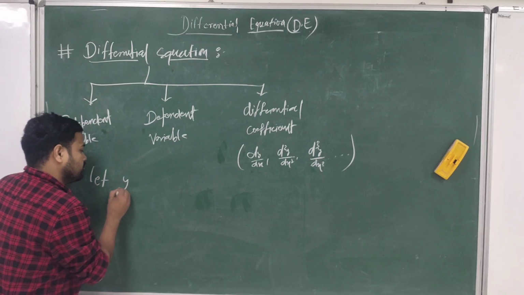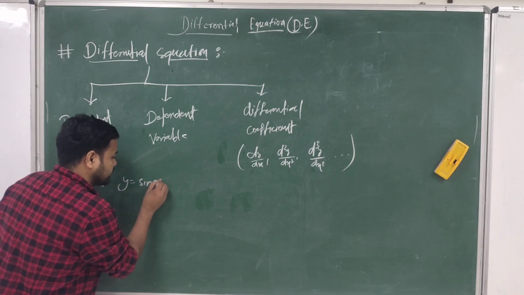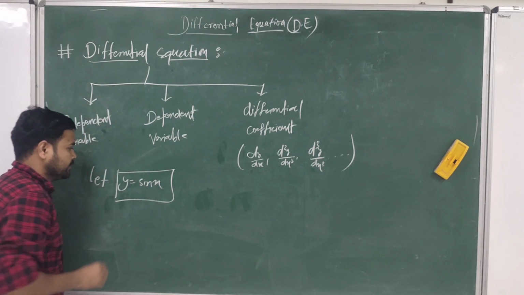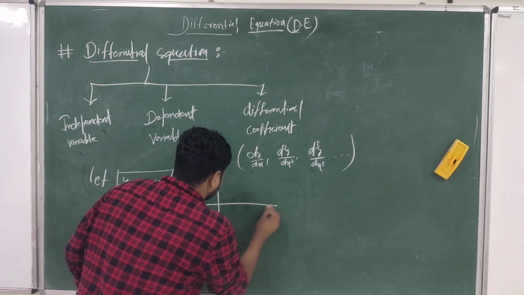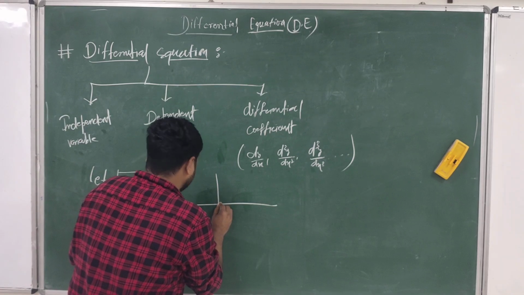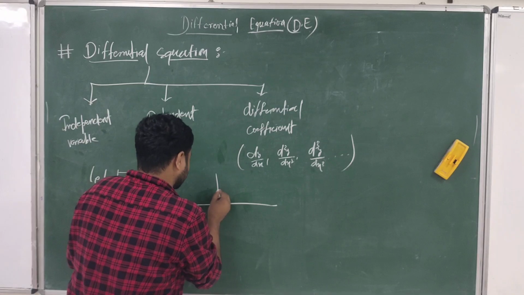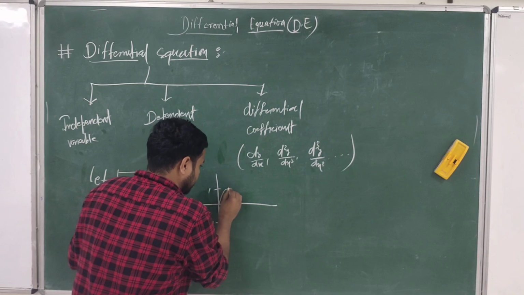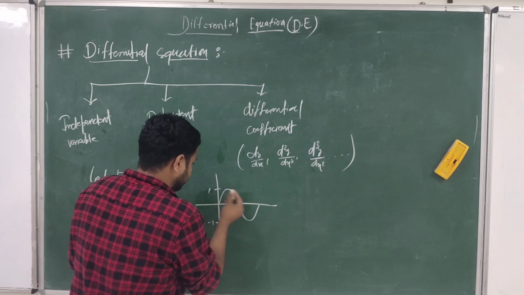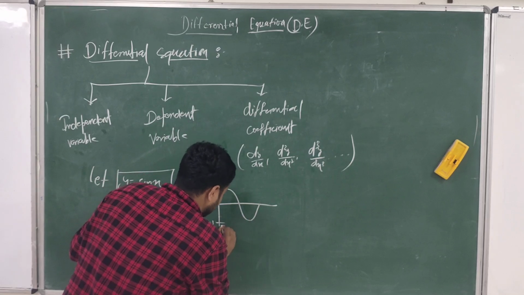Let y equals sin x. It is a trigonometric function. We know the graph of sin x. The range of sin x is -1 to 1, and its period is 2 pi.